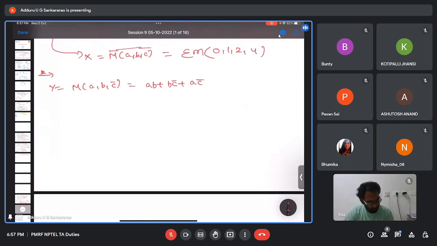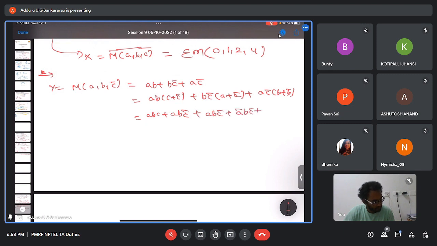Similarly, you convert into sum of minterms form. Again, I'm writing AB into C plus C bar, plus B C bar into A plus A bar, plus A C bar into B plus B bar. Following a similar procedure, we get ABC plus ABC bar plus ABC bar plus A bar B C bar plus A B C bar plus A B bar C bar.